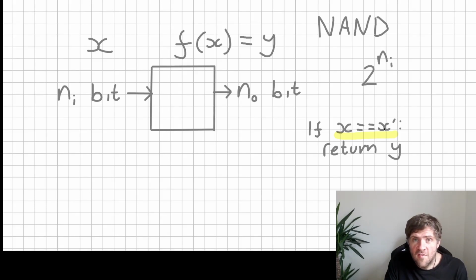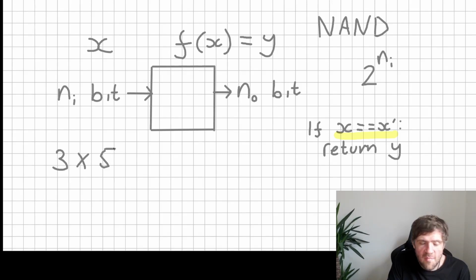Okay, actually, before we move on, let's look at a few possible functions, just to be a bit more explicit and a bit less abstract. So we could have an input which is something like 3 times 5, so binary representations of the numbers that are going to be multiplied.